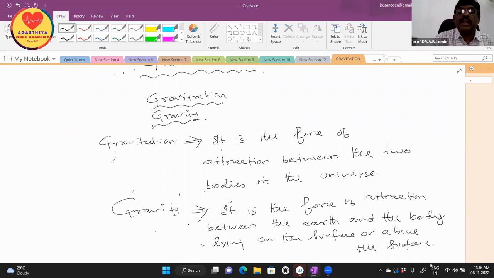Gravitation and gravity are governed by Newton's law of gravitation.